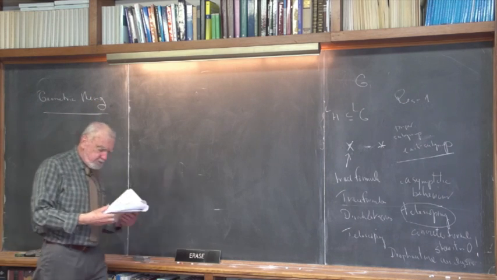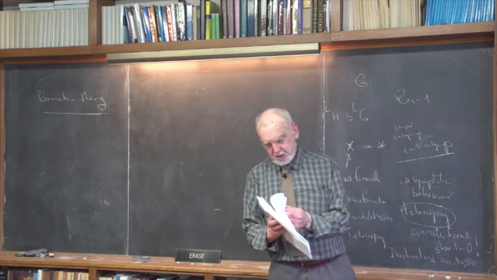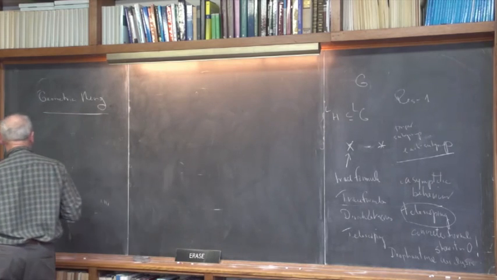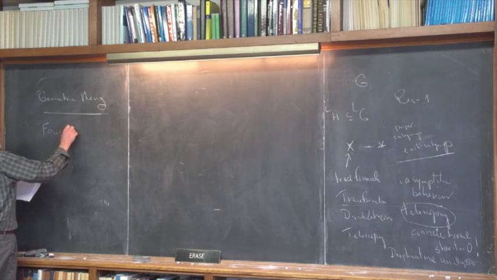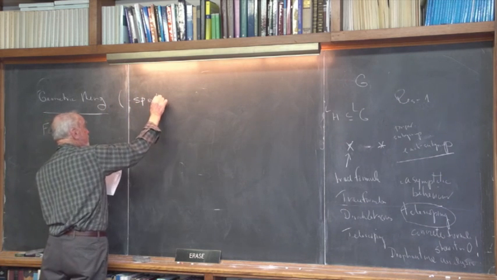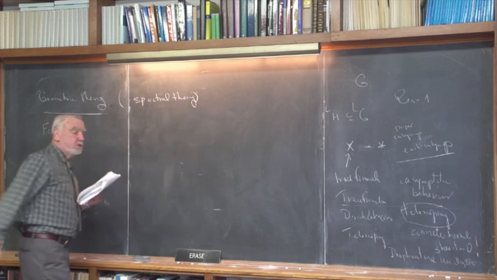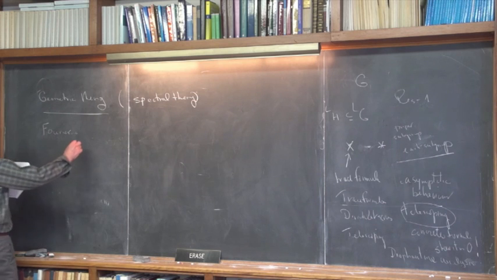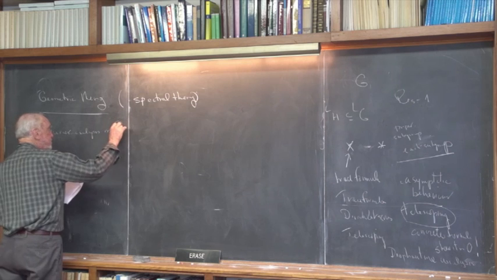Now, let me first make an observation. Let's think about Fourier analysis, because what I'm looking for is a theory which is a spectral theory, the theory of eigenvalues. So let's look at Fourier analysis on Rn.